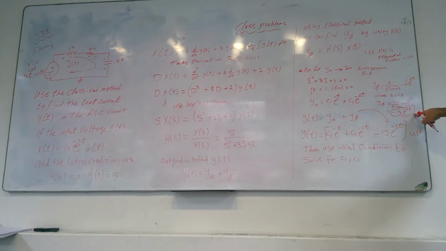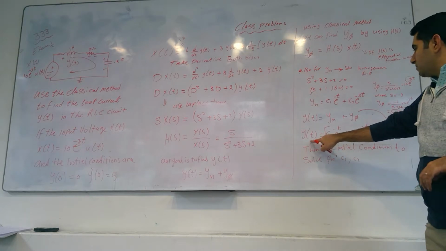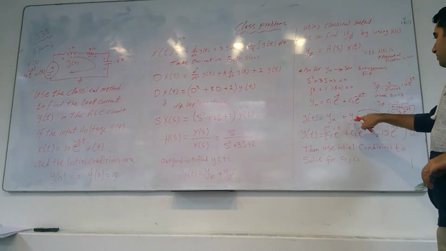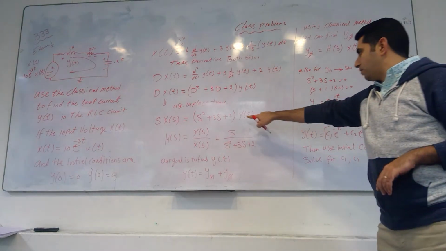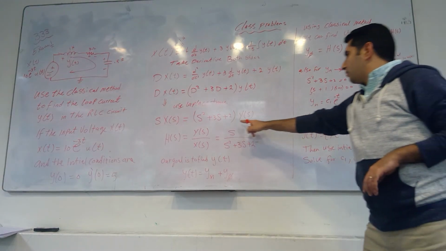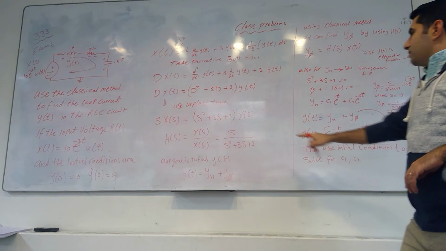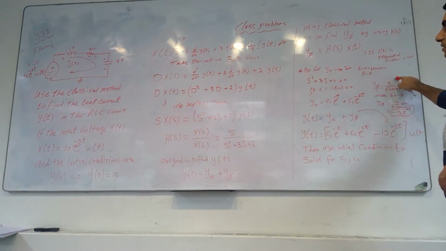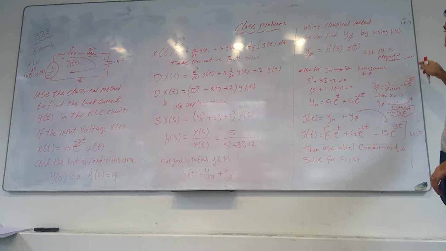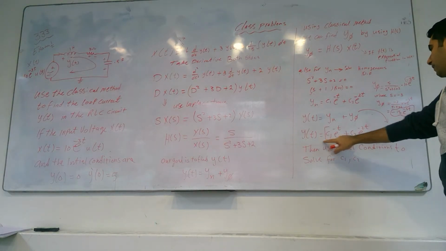Once you have the forced response, your total response is the summation of the natural plus the forced. You already have the natural by solving the homogeneous differential equation from this side of the equation, and from the other side you get the forced response by applying this classical method when you have an exponential function as your input. And this is how we finalize this equation.